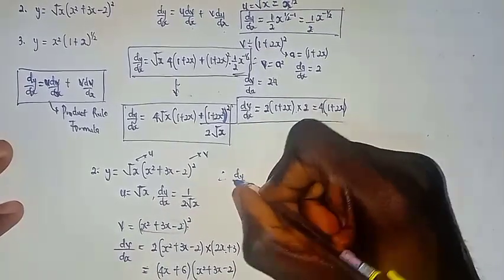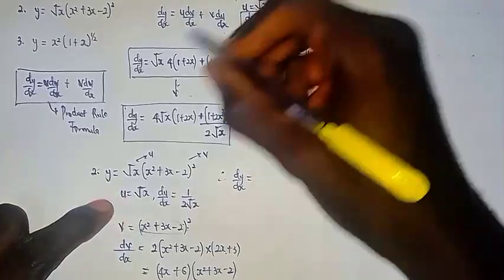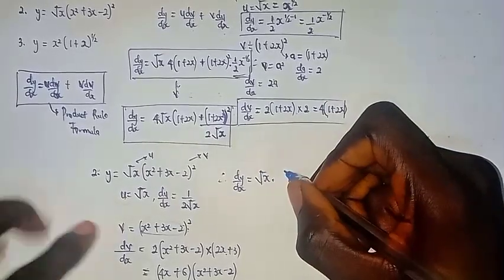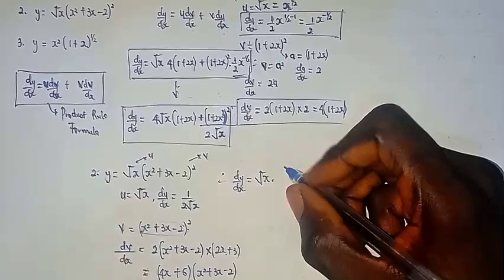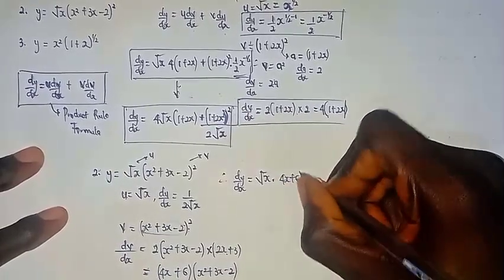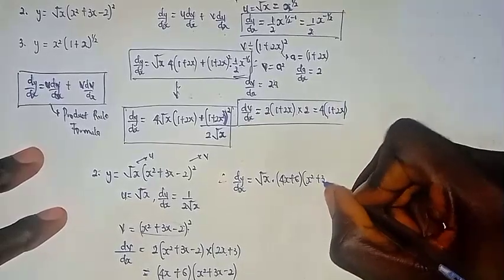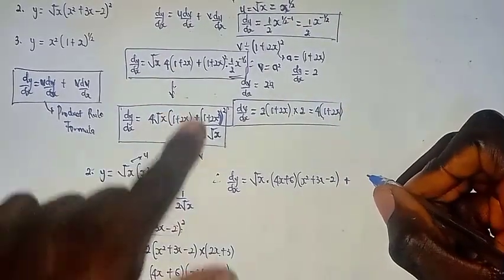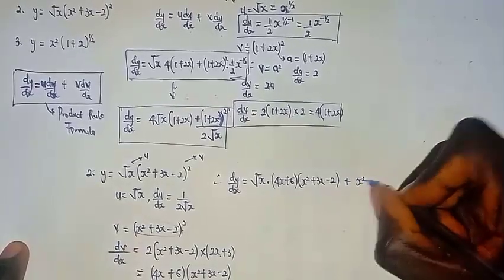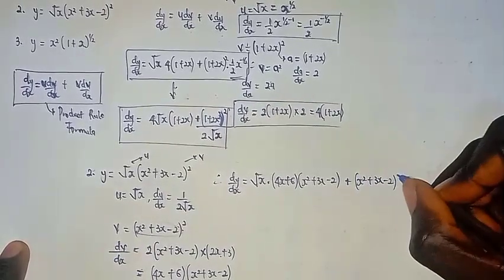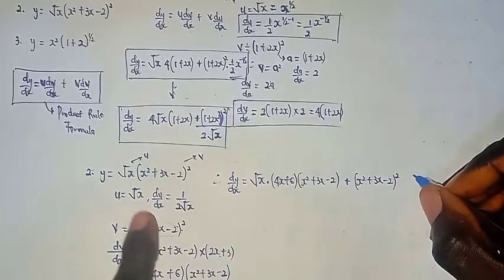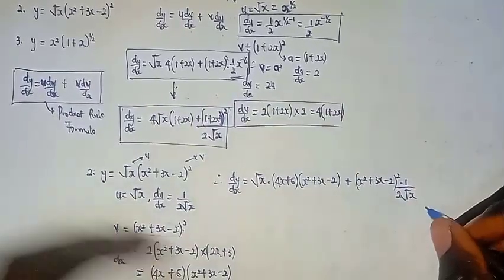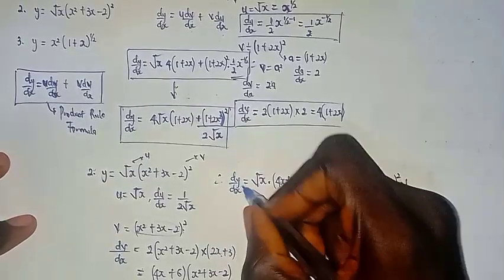Therefore, our dy over dx, from our general formula of product rule, becomes u, which is square root of x, multiplied by dv over dx, which is this, 4x plus 6 times (x squared plus 3x minus 2), plus v, which is (x squared plus 3x minus 2) all squared, multiplied by du over dx, which is 1 over 2 square root x. So this becomes our answer for the second question.